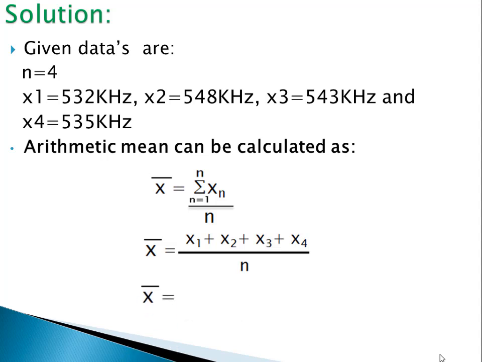So after substitution, x bar is equal to 532 plus 548 plus 543 plus 535 divided by 4.